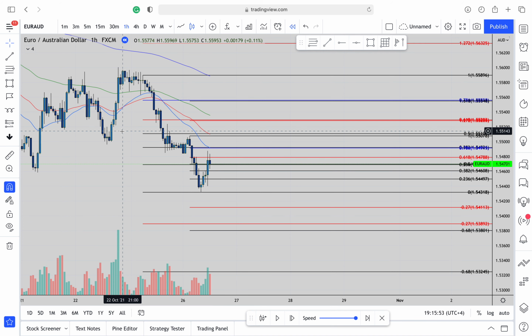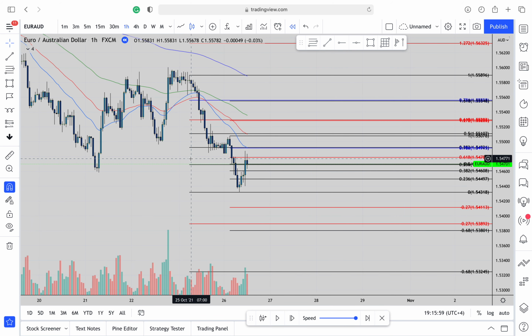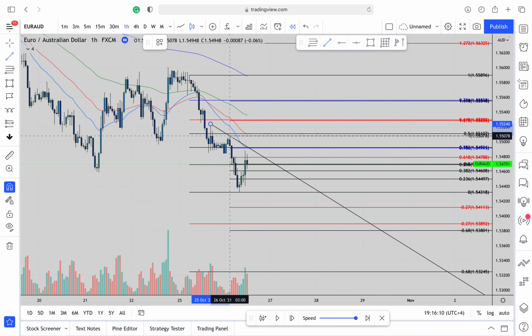If you didn't watch my last video, 786, 618 and 382 are the ones I use the most because they are the strongest levels from what I learned in the market from doing this for a long time. Then I see this high and this low, and if I place a trend line, I see it matches with that area as well.